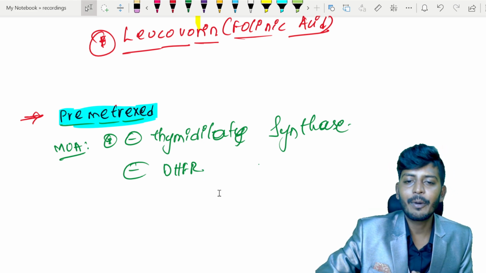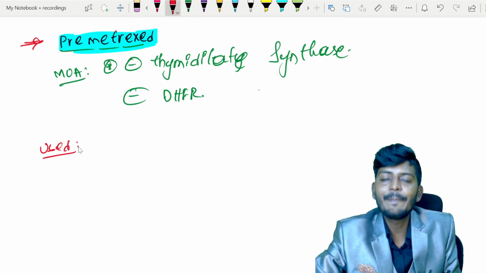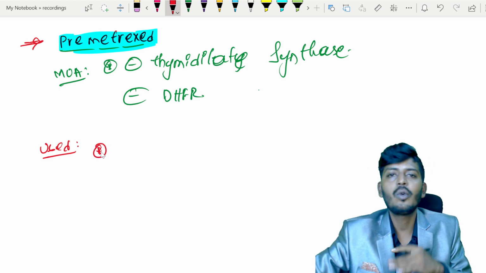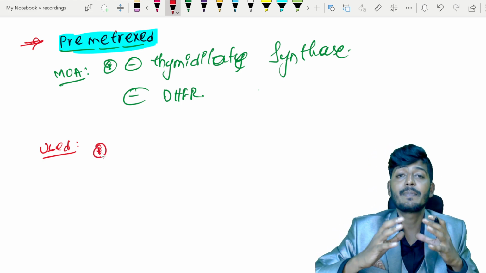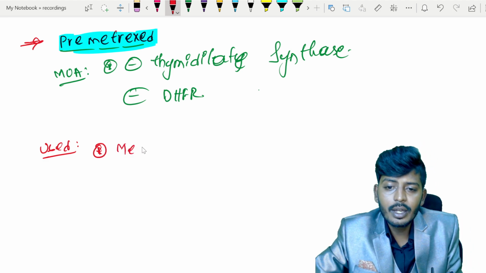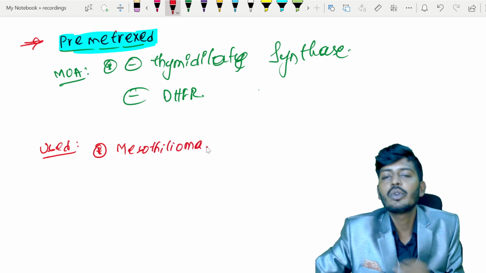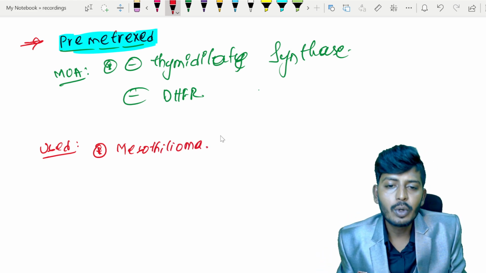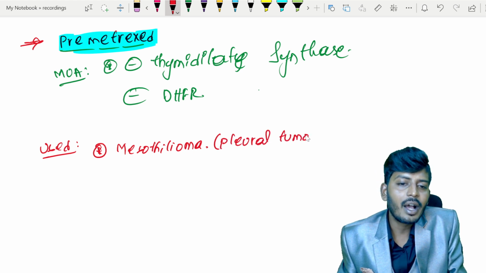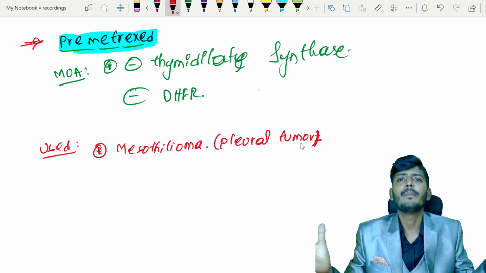So this is one important point, and this is a drug which is very specifically preferred in two conditions. Again, this is going to be a very powerful MCQ, especially when we are speaking of the newer drugs. Remember, this drug is widely used in mesothelioma. Mesothelioma is a tumor of the pleura, a pleural tumor. It can occur because of multiple causes.